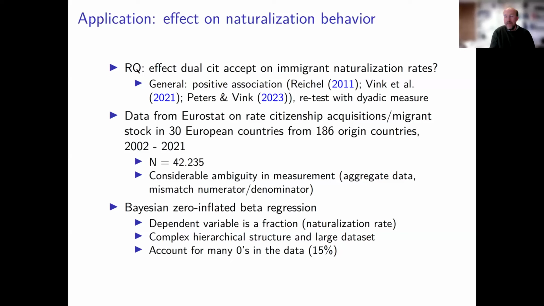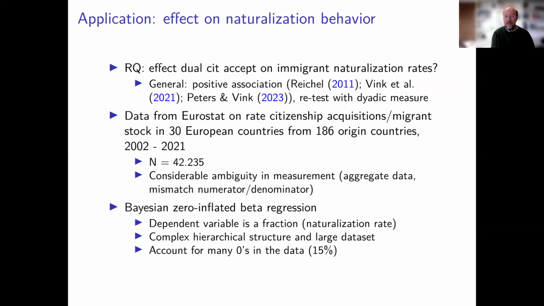But the number of citizenship acquisitions and the number of foreign residents are not always perfectly matched, right? And so the Eurostat data does come with ambiguity, and we have to be careful with this.